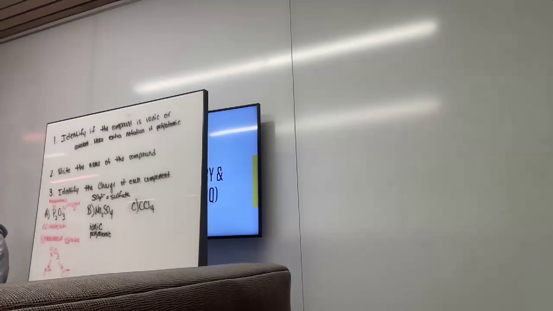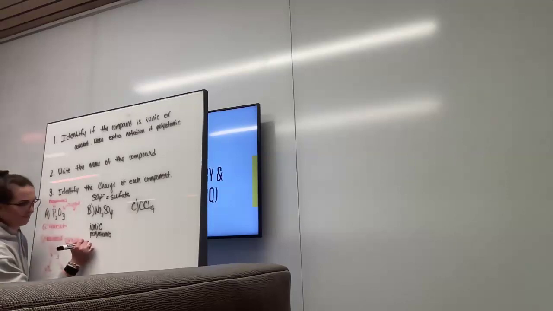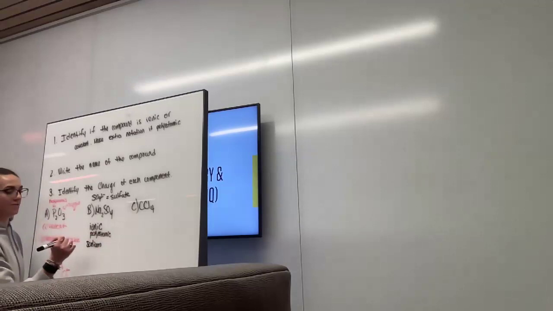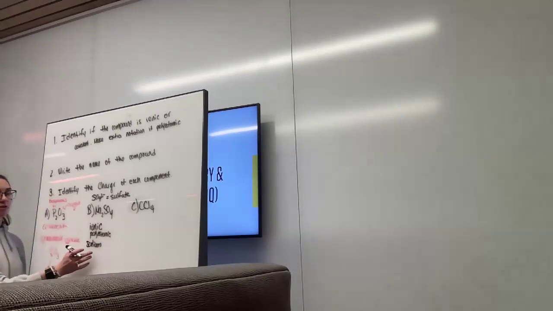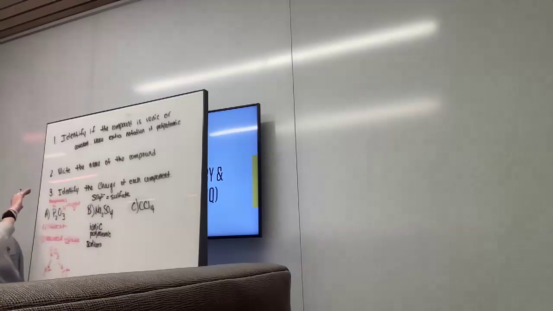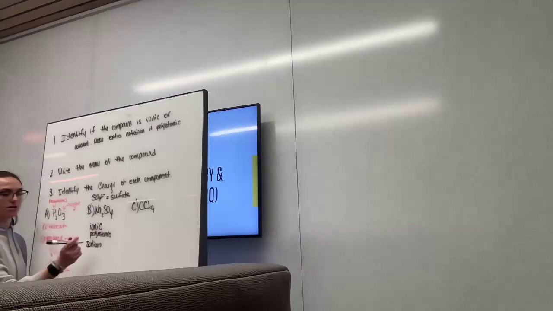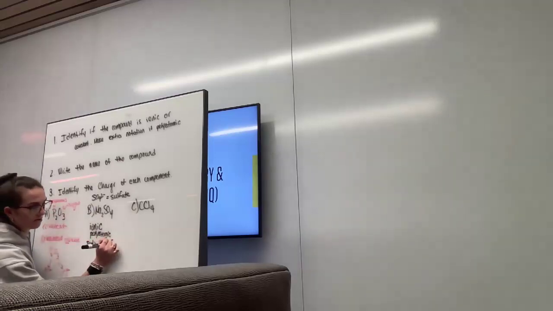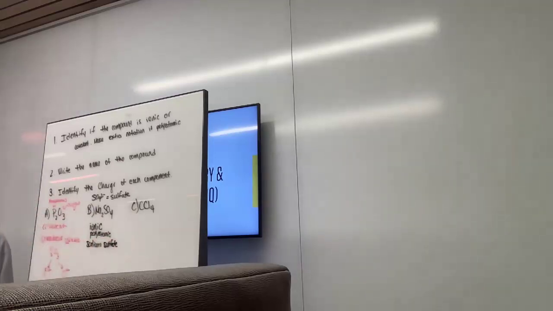I put sodium and then the 2 in Roman numerals in parentheses and then sulfate. Okay, you're very close. Because sodium is just a regular metal, not a transition metal, you don't need those Roman numerals, so it's just going to be sodium sulfate. Would sulfate be given? Yep, that would be in the chart.